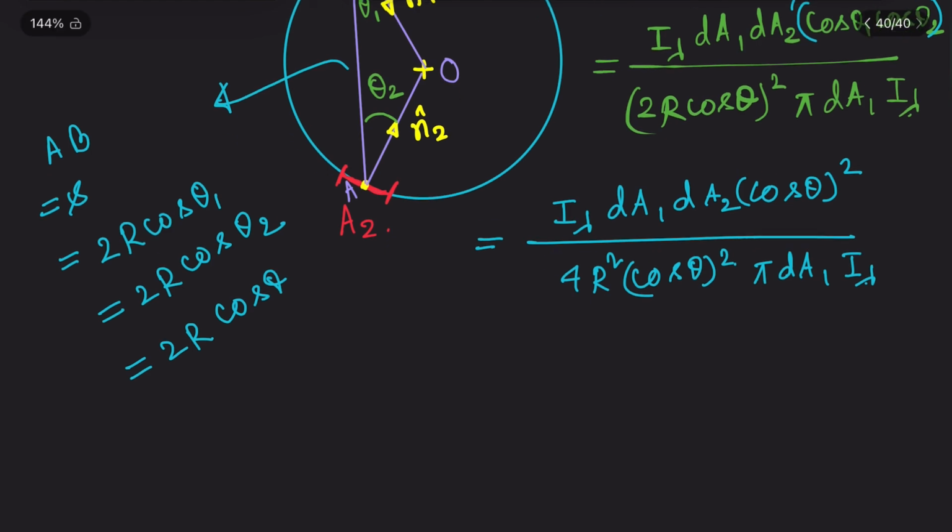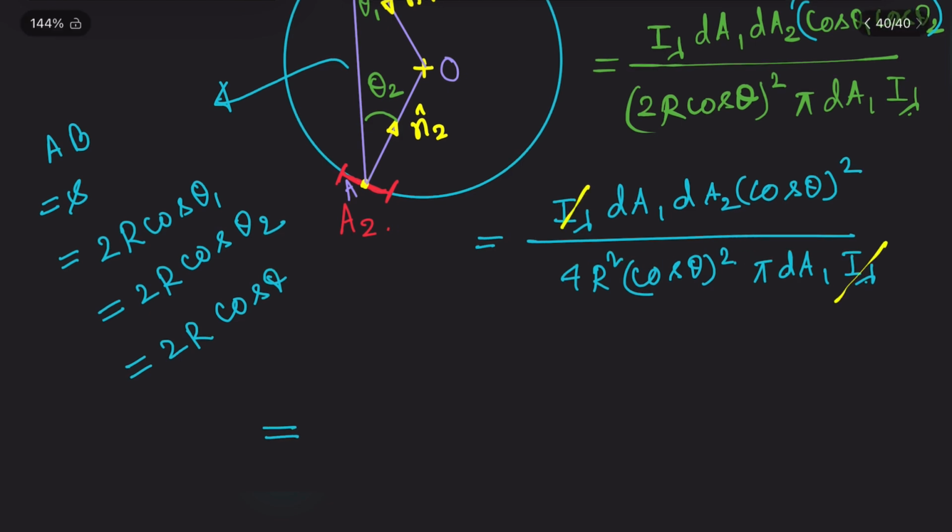Now if I integrate it, I will integrate it over theta, not the lambda, so I can surely cancel out this I lambda. Clear?